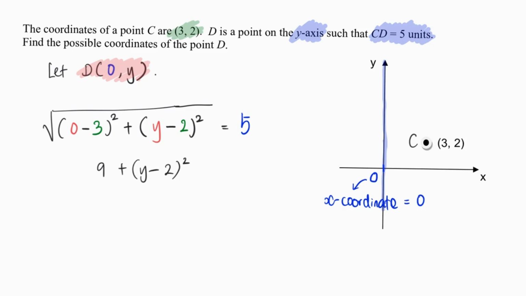And if I do not want the square root, I square both sides. So I'm going to solve this particular equation now. So y minus 2 bracket square is equals to 25 minus 9 on both sides.